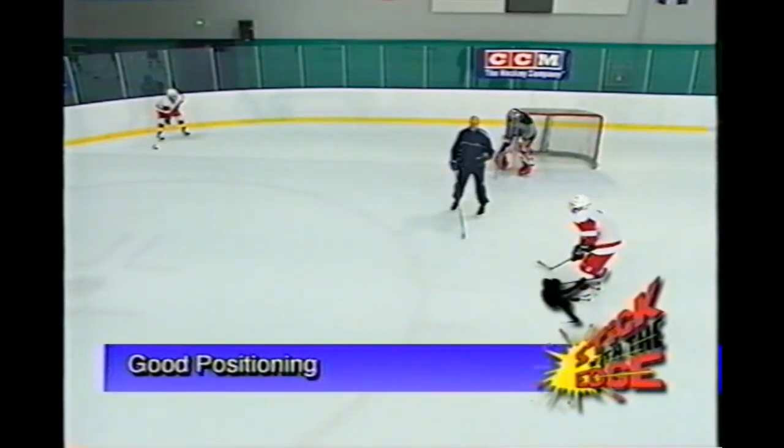Good defensive players away from the puck always maintain both defensive side and offensive side positioning at the same time. Now we're taking a look at good positioning. Good positioning is when I have defensive side positioning and puck side positioning on my opponent in front of the net.